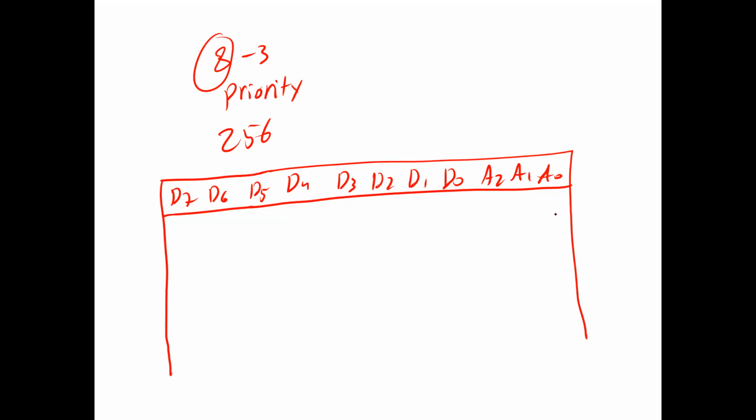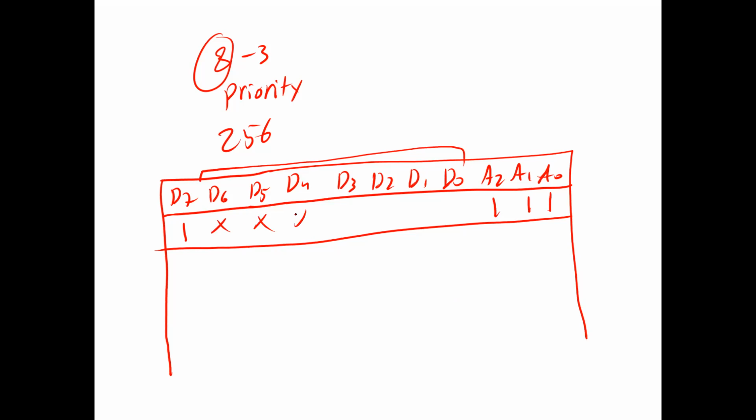Just ignore the valid signal for now. Now if D7 equals 1, the output should be 1 1 1 regardless of all these values. From here to here you would need to write 128 lines that have D7 equal to 1 and the same output. So all these in your truth table are don't cares.